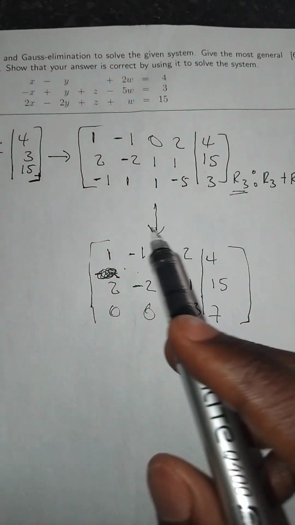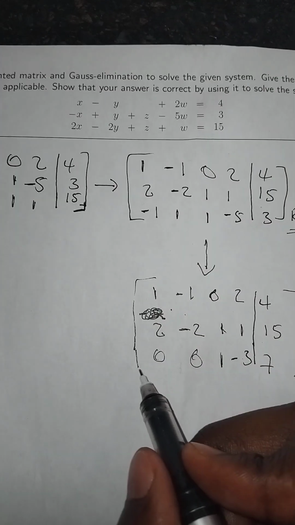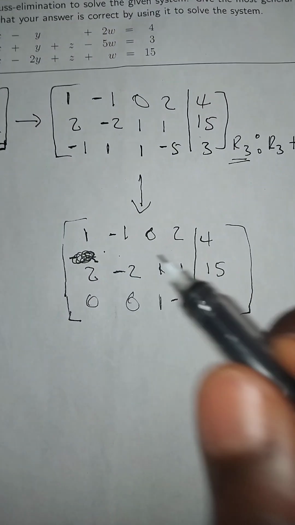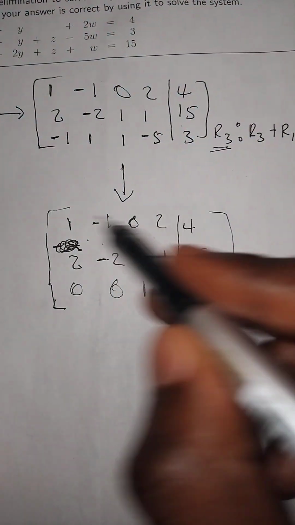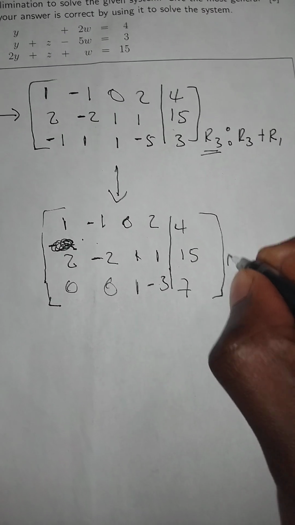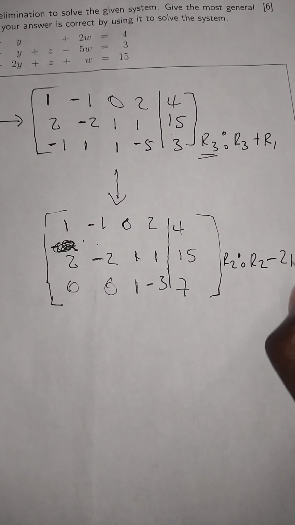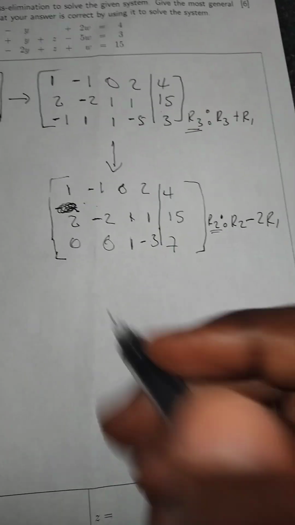Now the next thing I want is a 0 there. I'm converting it into row echelon form, so I want a 0 up there. I'm going to use this 2, so I'm going to multiply row 1 by 2. On row 2, I'm going to do the operation row 2 minus 2 row 1. I'm only changing row 2.